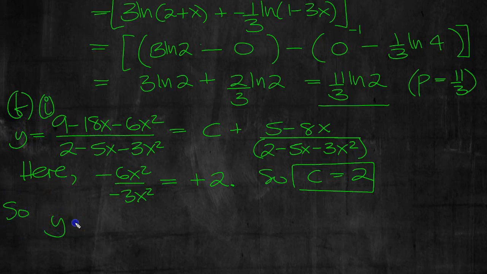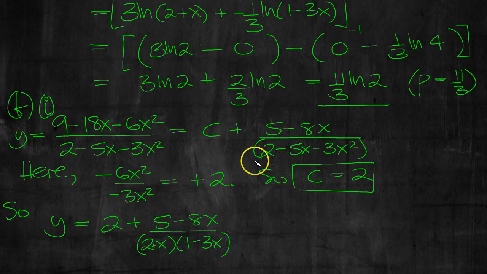So y is equal to C, 2, plus 5 minus 8x over. Now this will be 2 plus x and 1 minus 3x, I think. I think that's what it would probably be from the question. That's 2. Minus 6 plus 1 is minus 5, and then we get minus 3x squared.